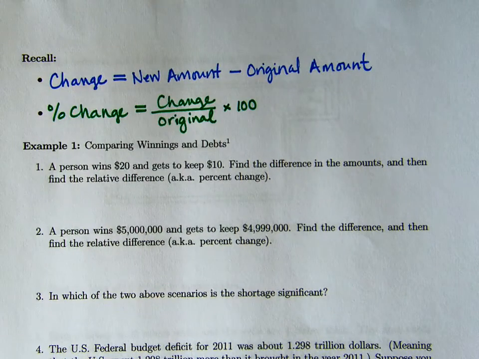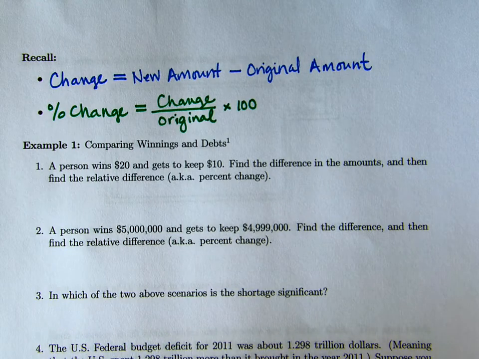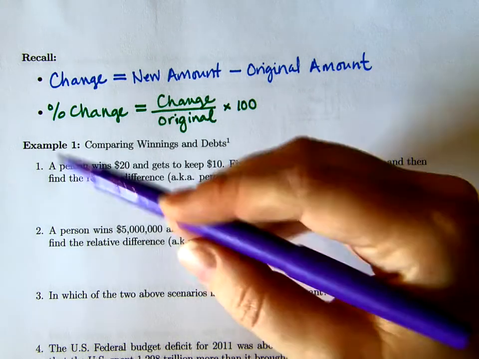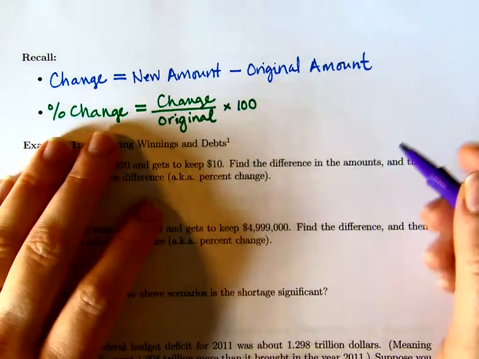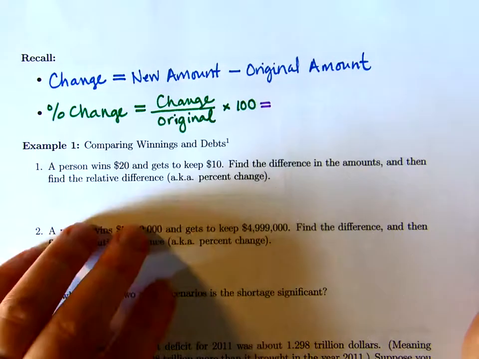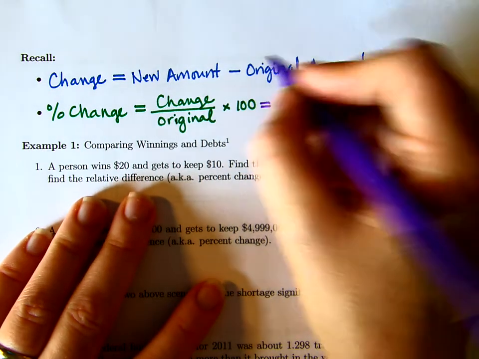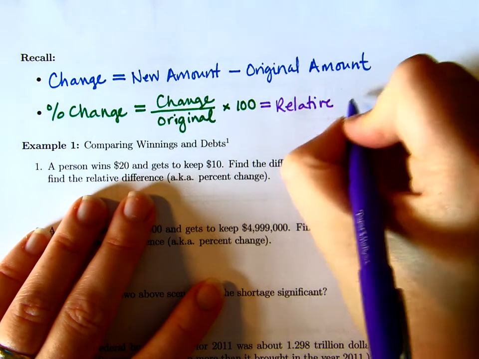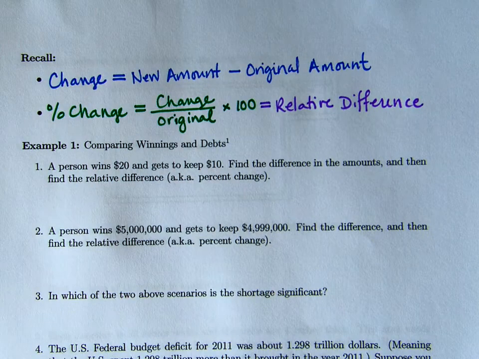Comparing winnings and debts. A person wins 20 bucks and gets to keep 10 of it. Find the difference in the amounts, then find the relative difference, also known as the percent change. So just so that we're crystal clear, percent change is also known as relative difference, relative error, relative change.